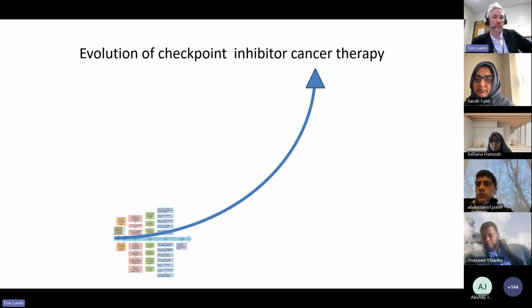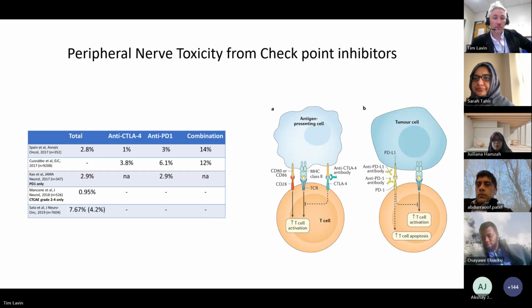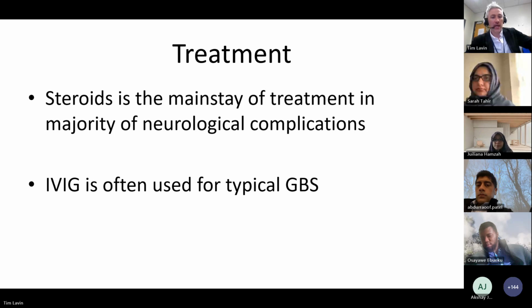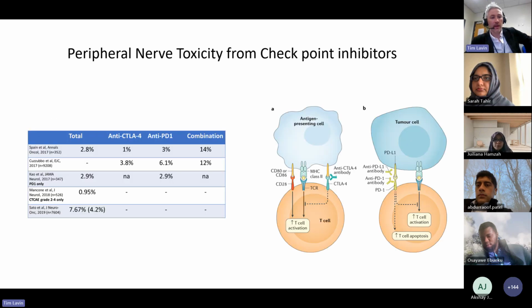So I tend to use pretty massive doses of steroid in these cases, especially if I think that they're quite severe and they've only had a partial or non-existent IVIG response. And the likelihood is that these cases are going to become more frequent. Peripheral nerve toxicity does occur with them, and often in combination therapy, it's a bit more severe.